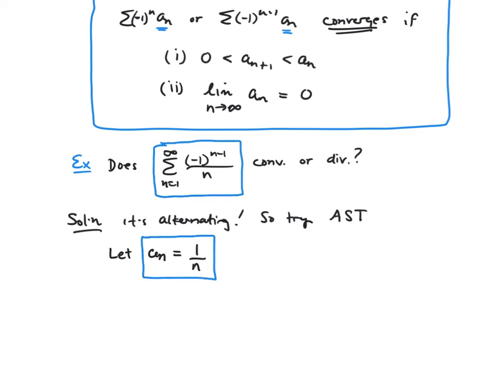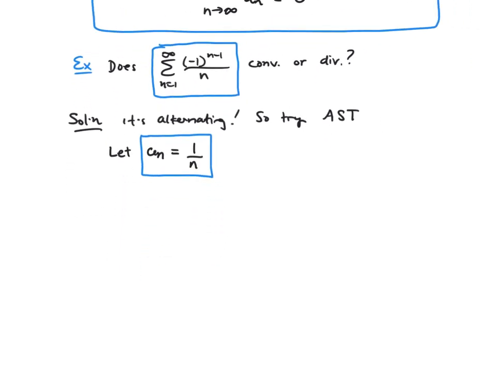All right, so I've got my an here as 1 over n. I've got to run that through two tests. They're usually very, very easy. And so I check the first thing. Is an plus 1 less than an? Are the terms decreasing as n gets larger?